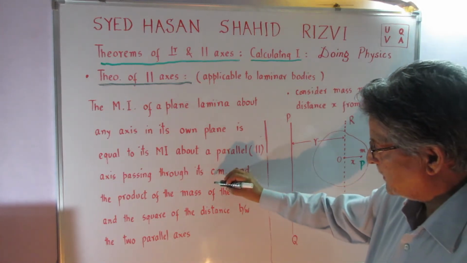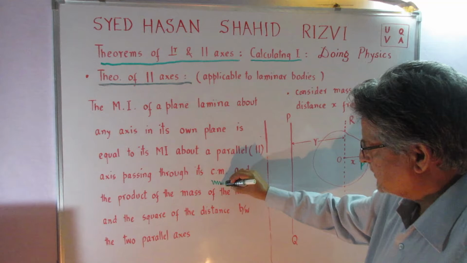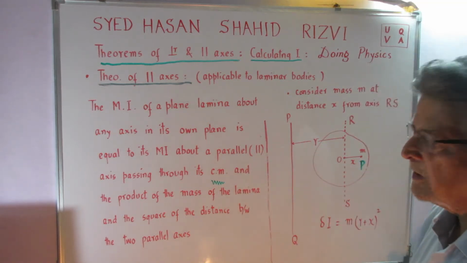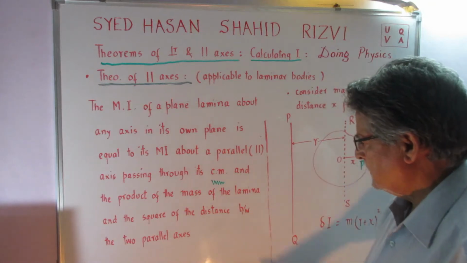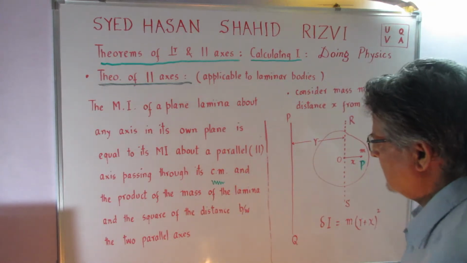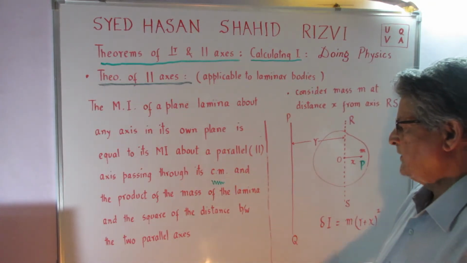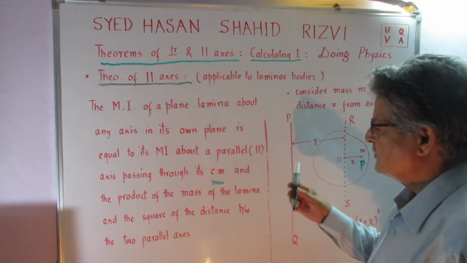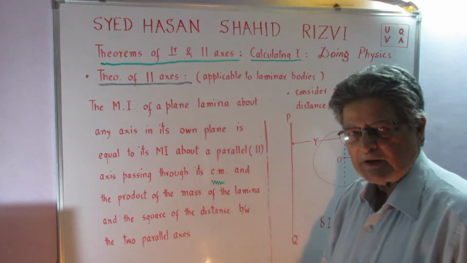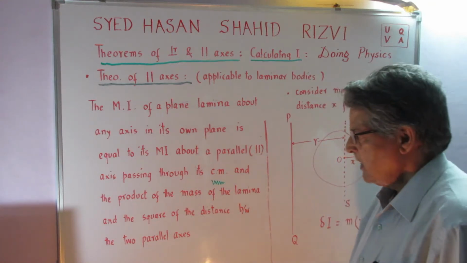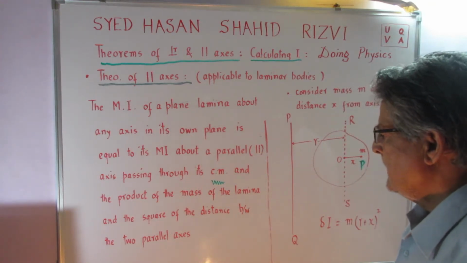This is very important, the center of mass, the center of gravity of the body. I'll prove it for the laminar body, and this theorem exists only for the axis passing through the center of mass and a parallel axis.